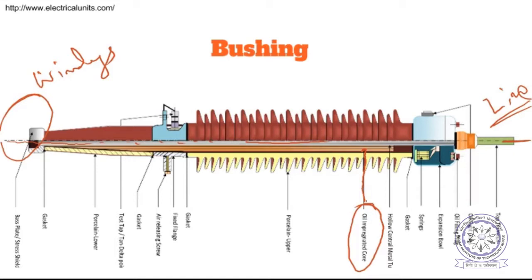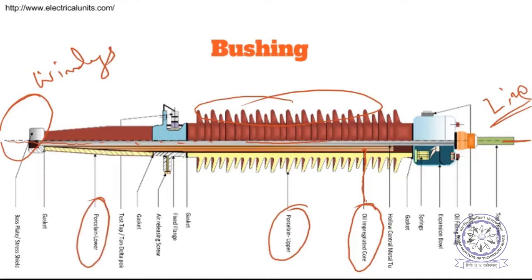So on this conductor, after these paper layers, then this porcelain material, you might have seen this disc type of structures, right? So this porcelain insulator is used. Here inside also porcelain insulator is used, but here it is smooth, you can see. But here you can see there are fin type of structures.